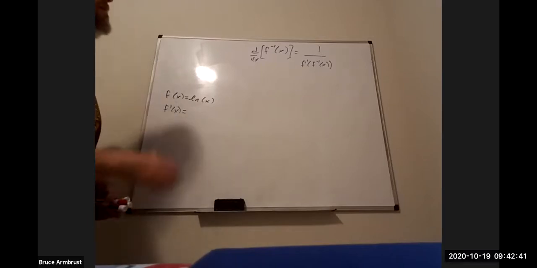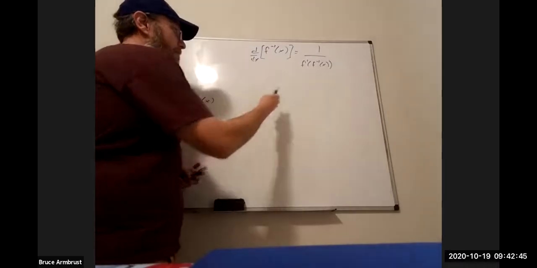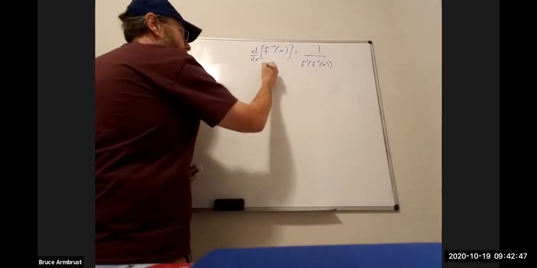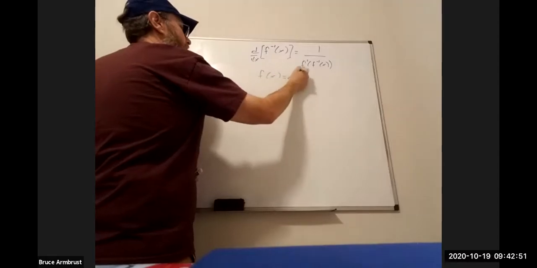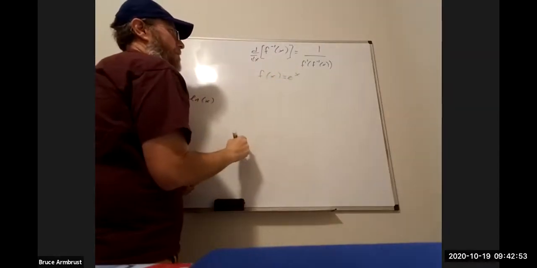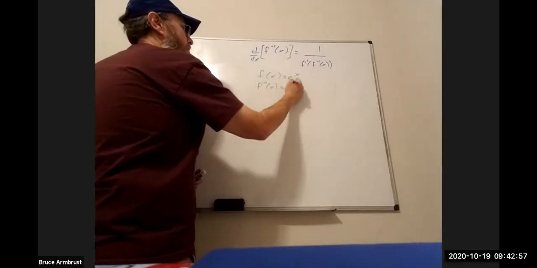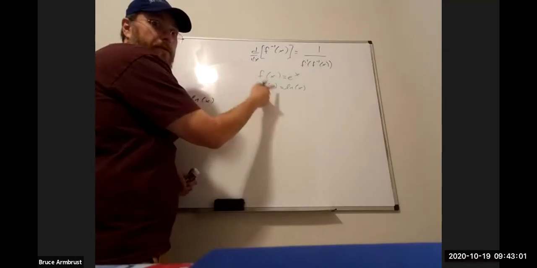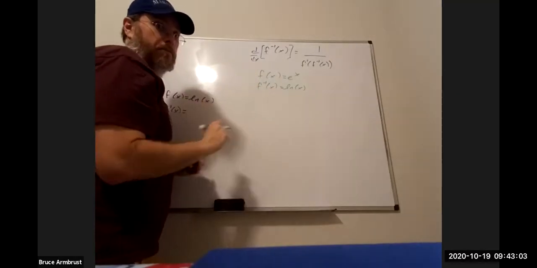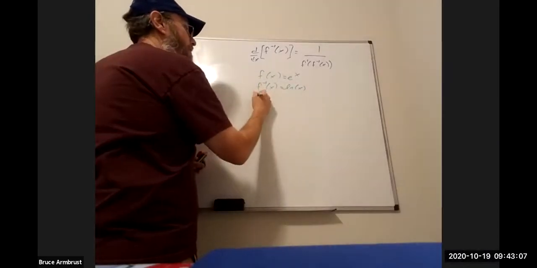All right. So here's what we're going to do. Let's think of the function that we know is e to the x. So f inverse is natural log of x. So we're trying to find the derivative of the natural log. Okay, so let's think about what we need to do then.